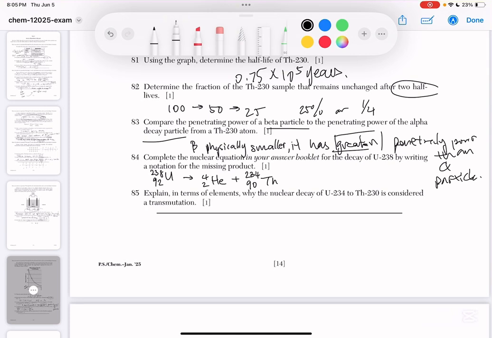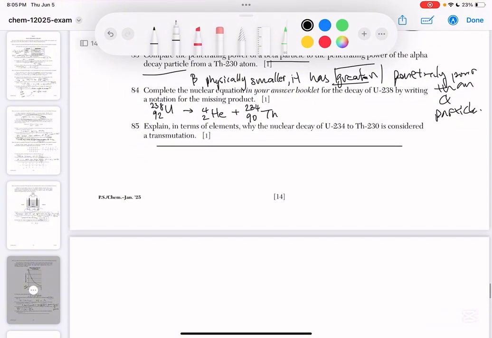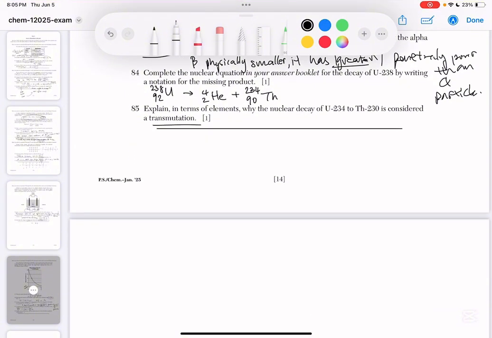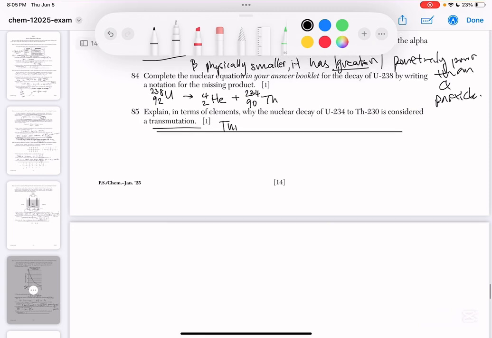So in terms of elements, why nuclear decay is considered a transmutation. Well, it's a transmutation because you're going from one element to the other. So this reaction, almost done. It's okay.